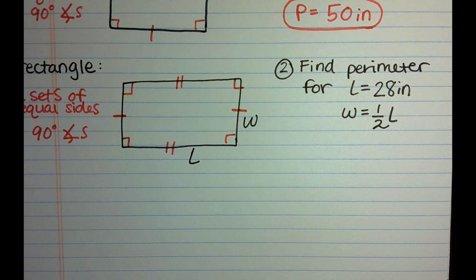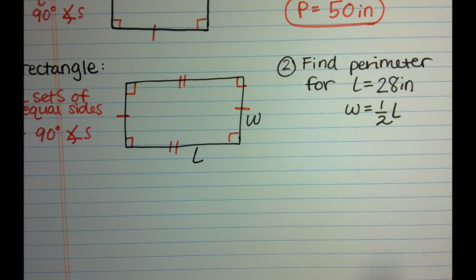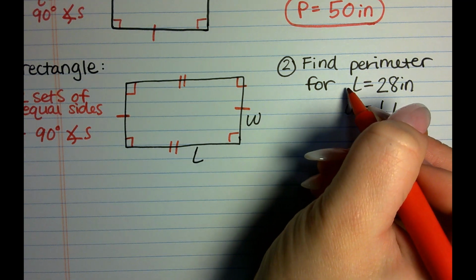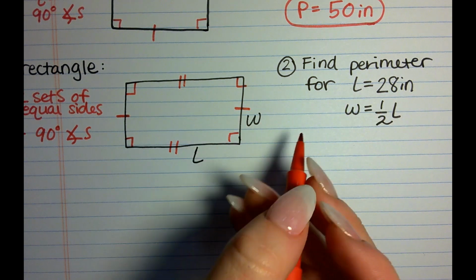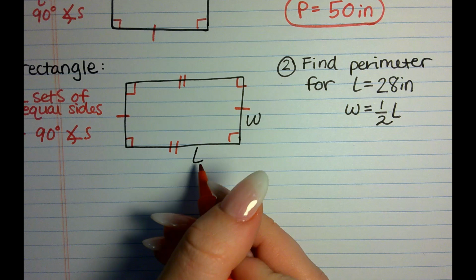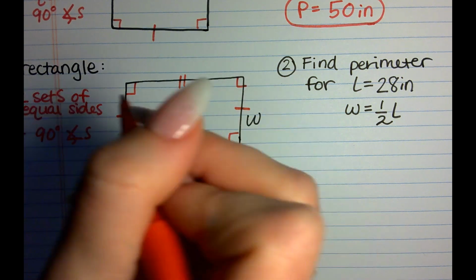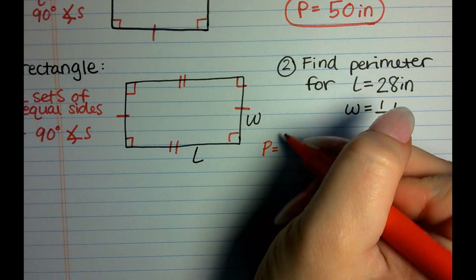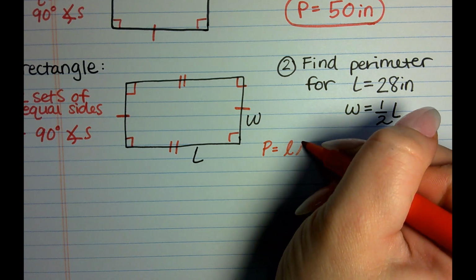2 times 28. Okay. So 2 times 28. And that will give us this length plus this length, right? Yes. Okay, so let's do that. I know that my perimeter is going to be my length, my length, my width, my width. So let's do that. Perimeter equals length plus length plus width plus width.